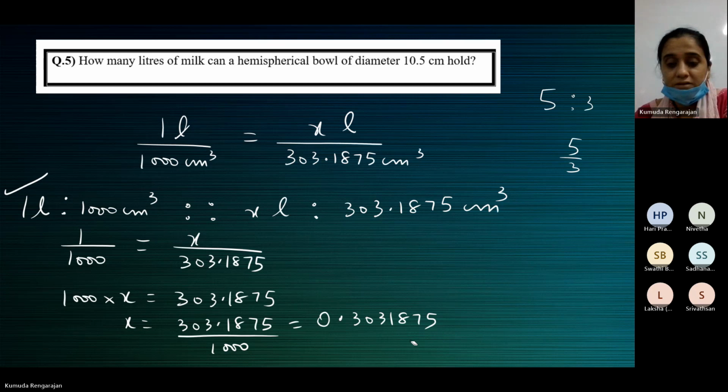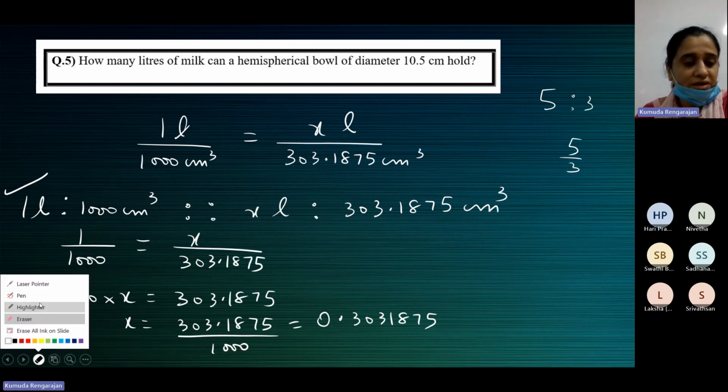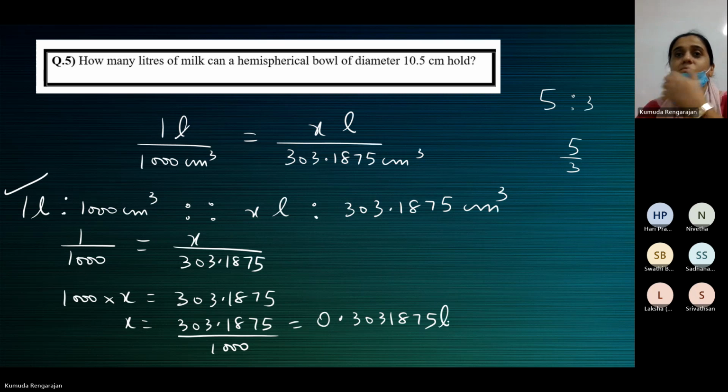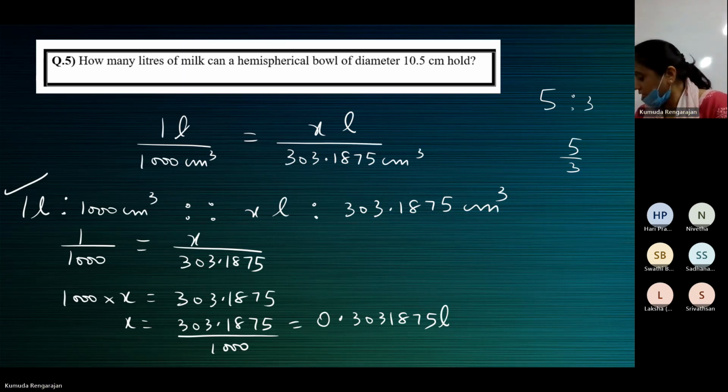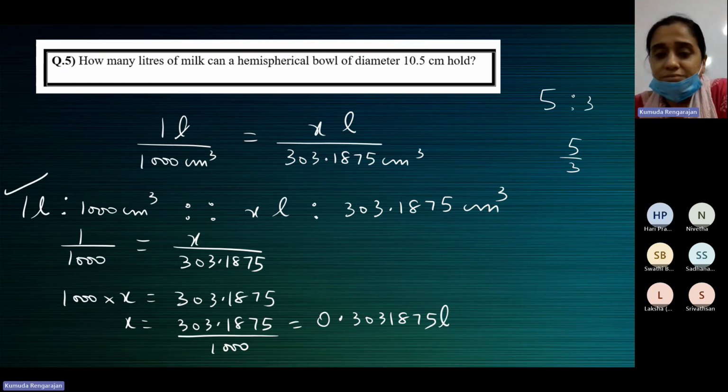Sorry, sir. You're converting it to liters, no? So many liters. So you have to find the volume in centimeter cube, and I'm telling you, if the radius or diameter is a decimal, convert it to a fraction and use the fraction for calculation. And then when you find the final value, it is 303.1875. Okay, 1875, correct?